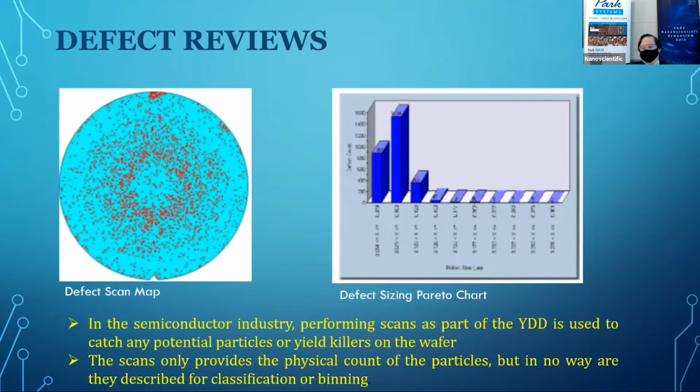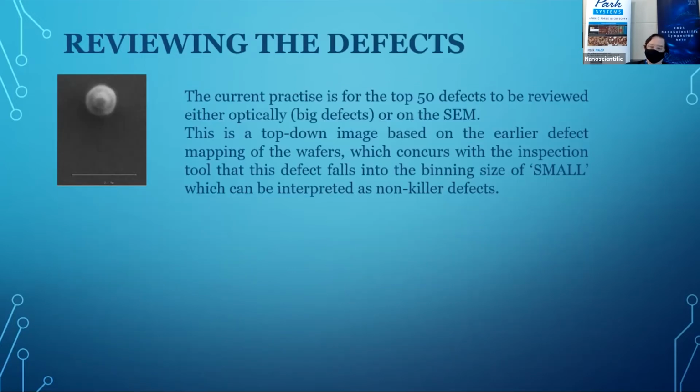Now, why is this important? Looking at this map, it says, yes, you have lots of small particles, so I should not be concerned. So true enough, I stick this into a SEM, and then I look at these defects, and based dimensionally, it is a small defect. It's a little dimple, so it shouldn't be of concern to me.